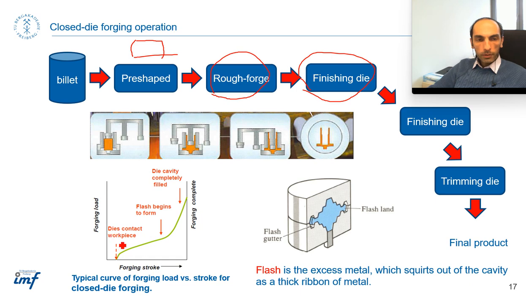Before contacting the die with the workpiece, you have no load, and then when the die comes in contact with the component, the load starts increasing. With more contact between the die and the workpiece, the load increases up to here, where I can say the die cavity is filled by the material, and this sharp increase is because of squeezing the material from this land into the flash part. So here the flash forming starts, up to the end.